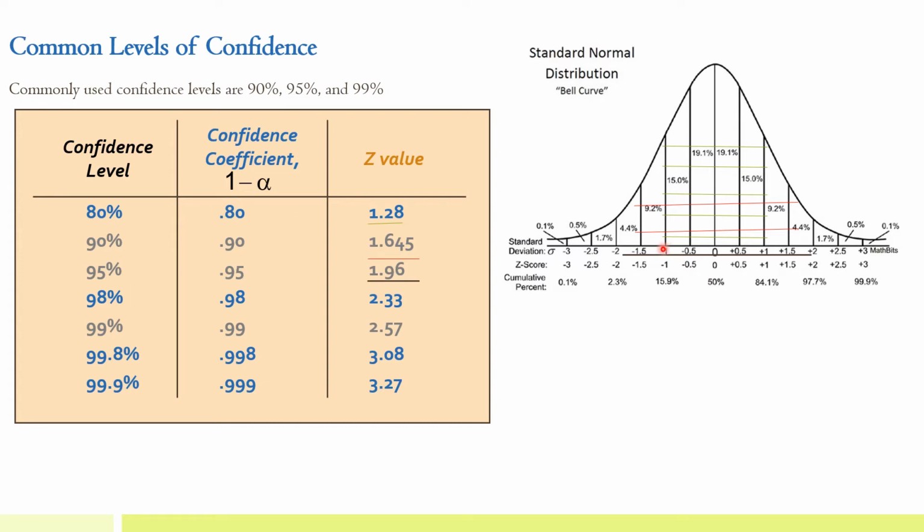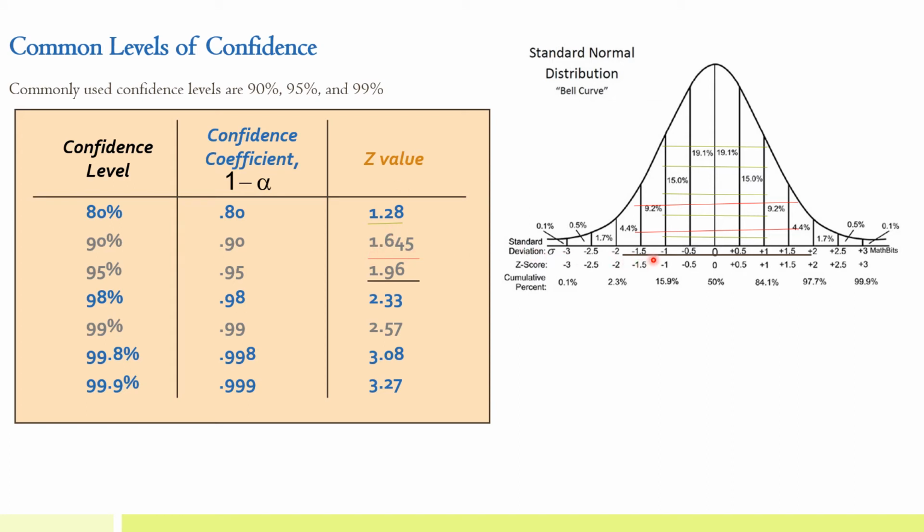So 1.28 is somewhere here on the negative side and somewhere here on the positive side. That is the 80% confidence interval. I think this one I have drawn. Yes, this is 80%.